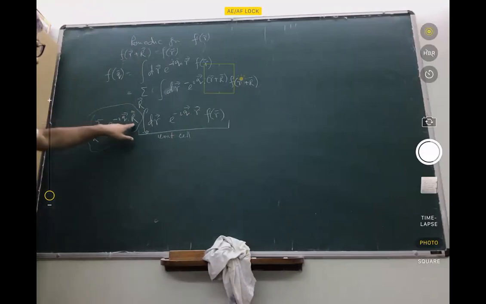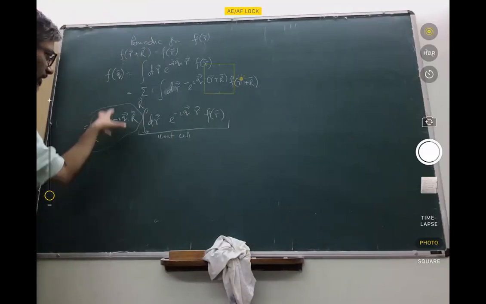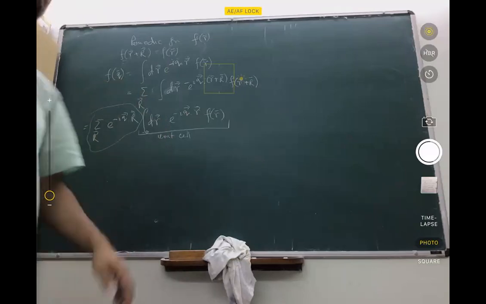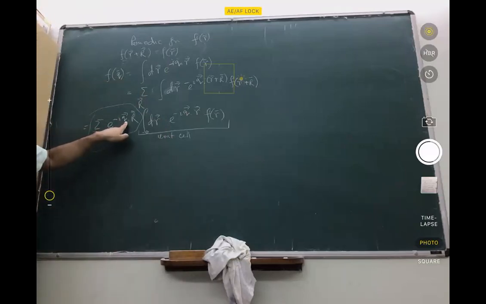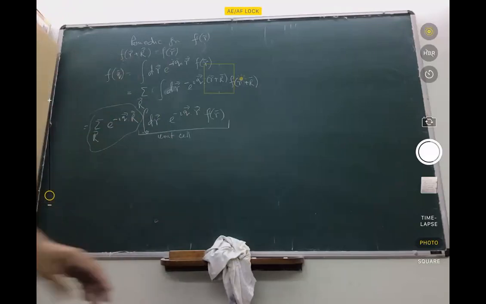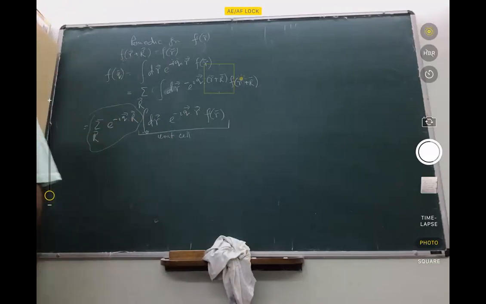So this sum will give me a non-zero contribution only when these things add up in a constructive way. In other words, when q is G, all these terms will be 1, so I'll get a non-zero contribution. In other cases, for a general q, this will give me 0 because I'm summing over all R's.